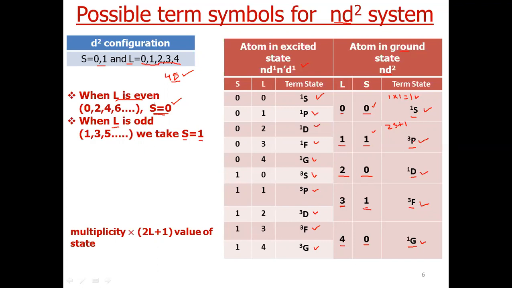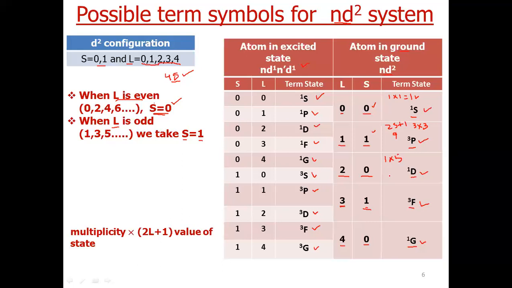Now let us calculate for 3P. Multiplicity is 3, and capital L is 1, so 2 into 1 is 2, 2 plus 1 is 3, and 3 into 3 gives 9 microstates. Similarly, for 1D, multiplicity is 1, capital L is 2, 2 into 2 is 4, 4 plus 1 is 5.